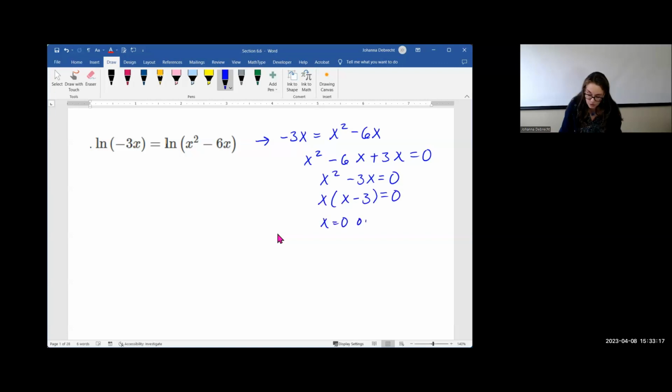So x equals 0, or x equals 3. Now come back over here and look at your answer parts. The domain of this one is that negative 3x has to be greater than 0.